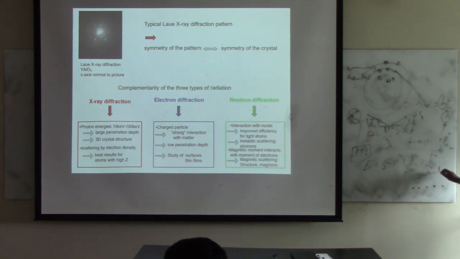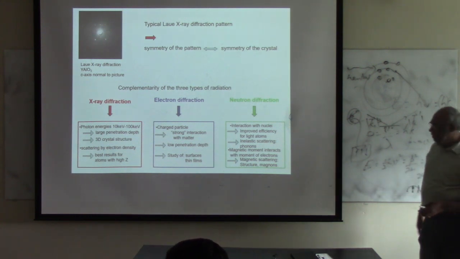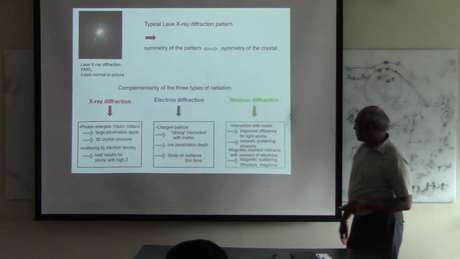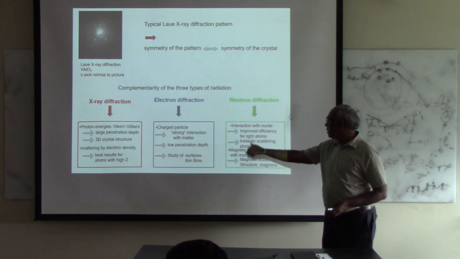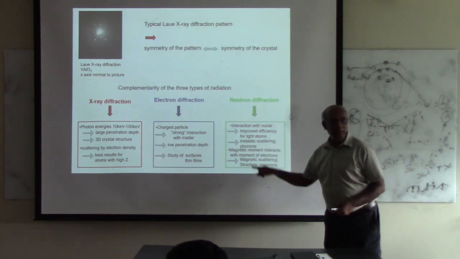For any temperature higher than 0, these are always vibrating, right? So that's what we call a phonon. That's what we are going to talk about next. But at this point we are only talking about stationary or rest atoms. So remember, these neutrons are good to study inelastic scattering as well as magnetic interactions.